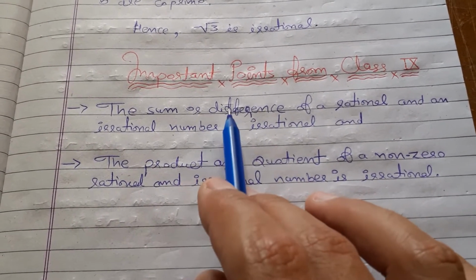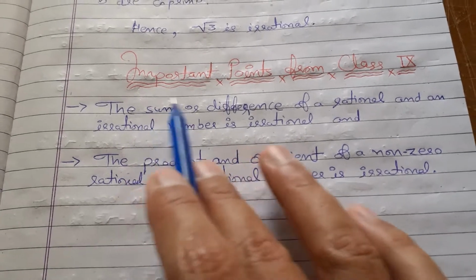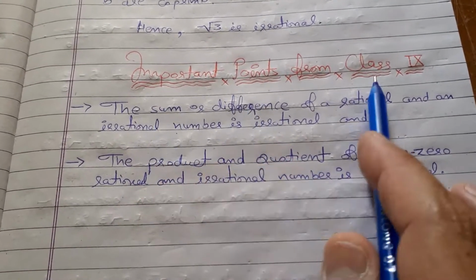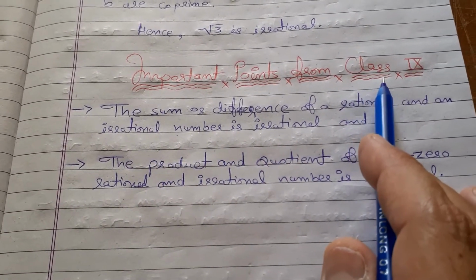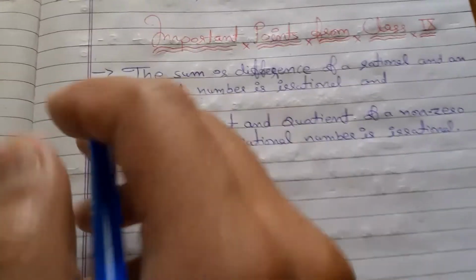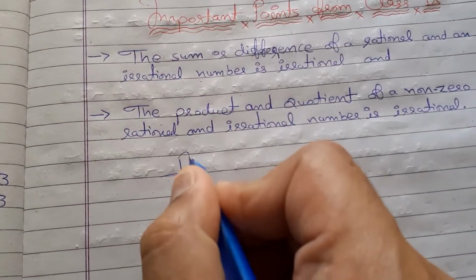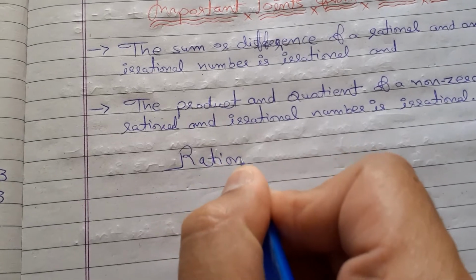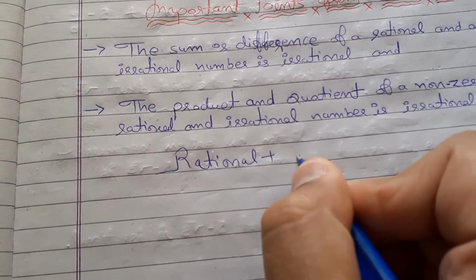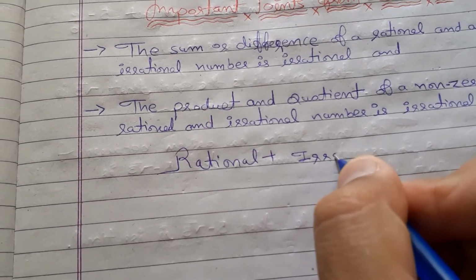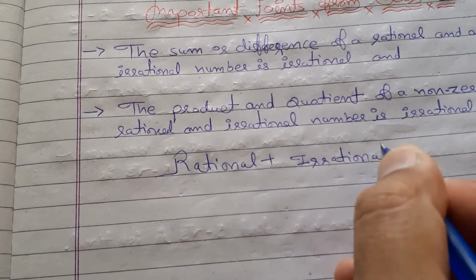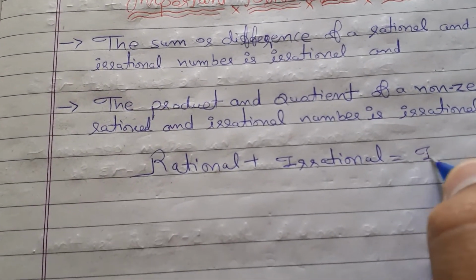What they are telling? Addition of two numbers, one is rational and another is irrational, the result will be irrational. Or you can write it as rational plus irrational, the answer is irrational.